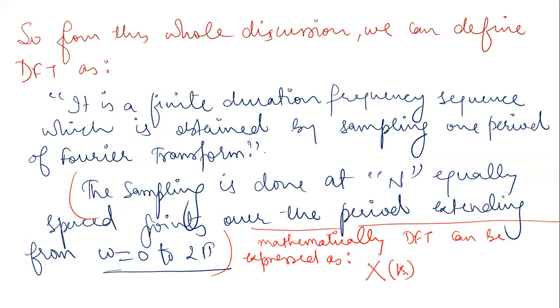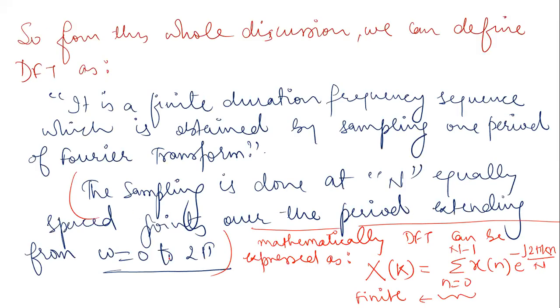Instead of taking X(omega) as we have taken in DTFT, we take X[k] here, which is equal to the summation n equal to 0 to N minus 1. Now you can see that this summation part is finite. It is not infinite now. Then the summation of x[n] times e raised to the power minus j 2 pi k n divided by N. This is equation number 2, or whatever you want to take it as.